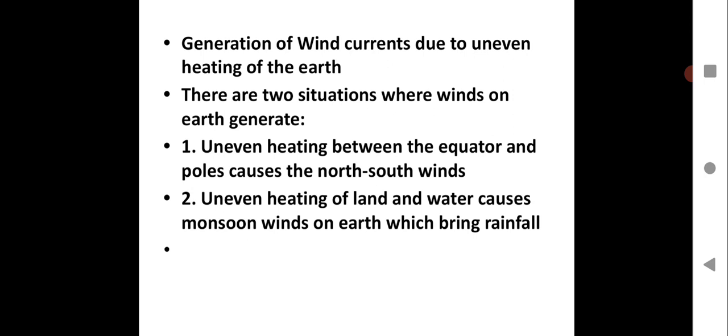The air which crosses the ocean or the seas will take away water vapors, and that will create more humidity in the air, that will make more cloud formation, and eventually it will fall as rain. So this is the very important role played by the monsoon winds that brings rain.